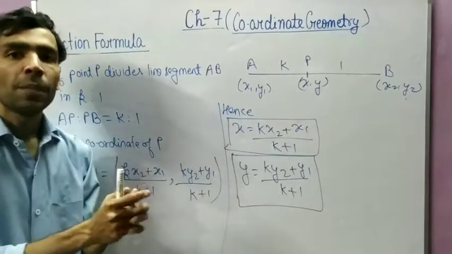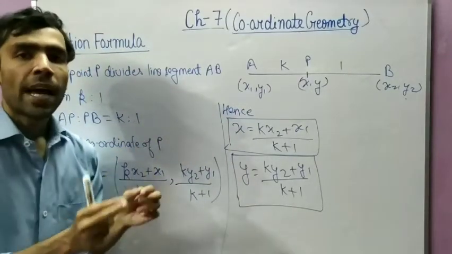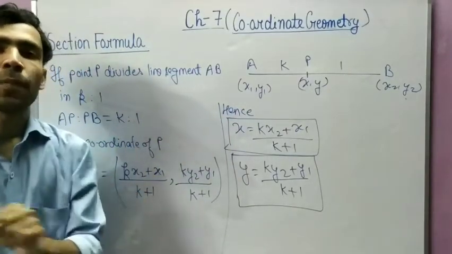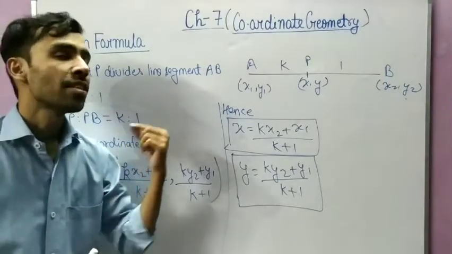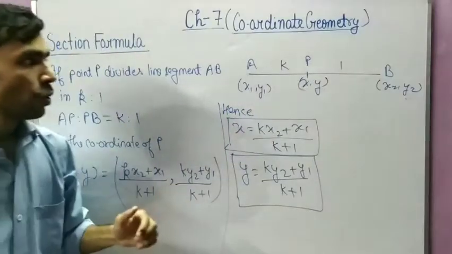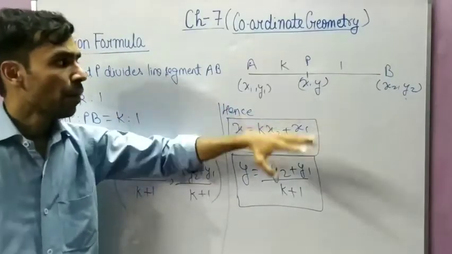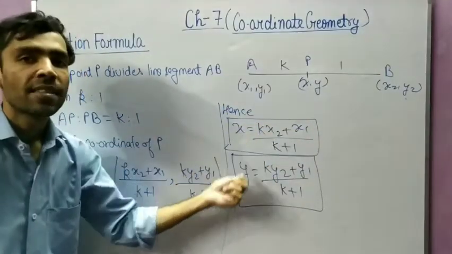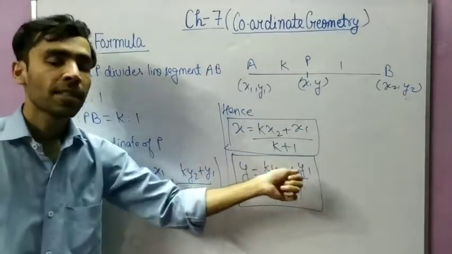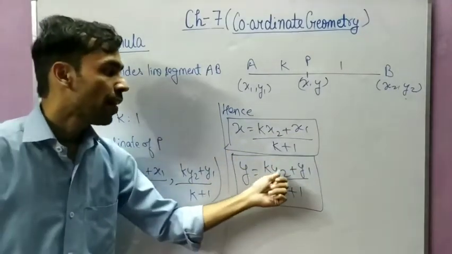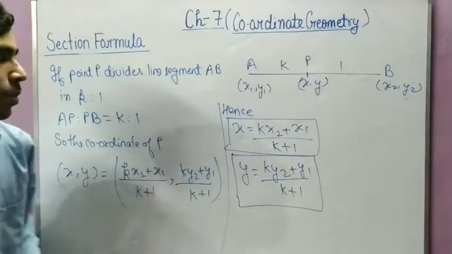When the ratio will be m ratio n, so mx2 plus nx1 upon m plus n, this formula you will use. And when the ratio was k ratio 1, you can find the value of x and y, that is x equal to kx2 plus x1 upon k plus 1 and y equal to ky2 plus y1 upon k plus 1.